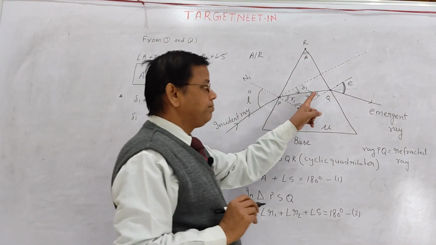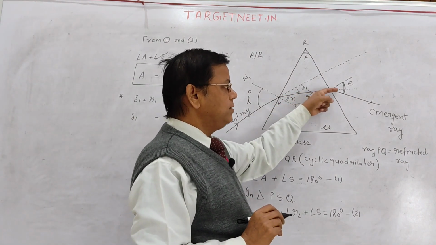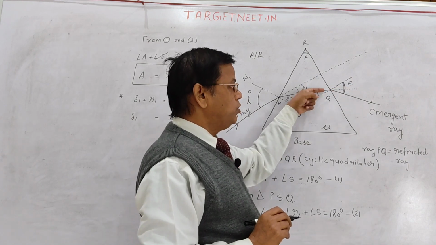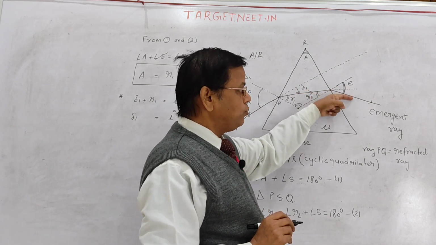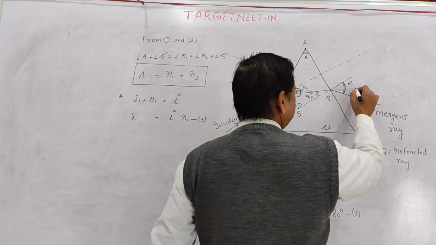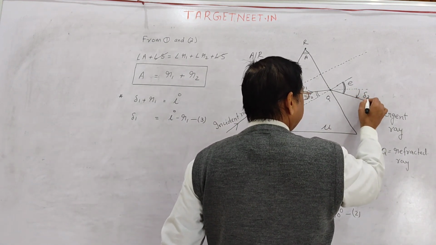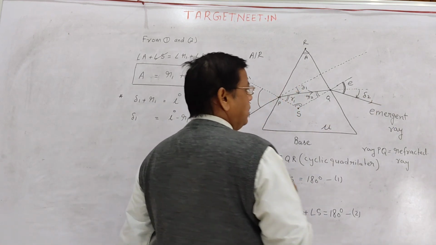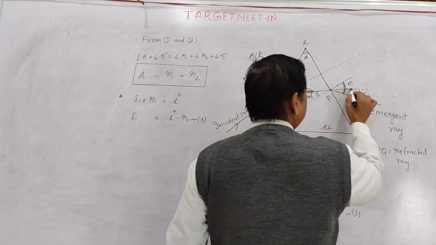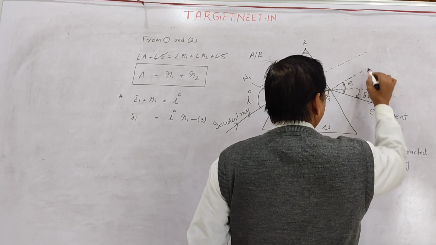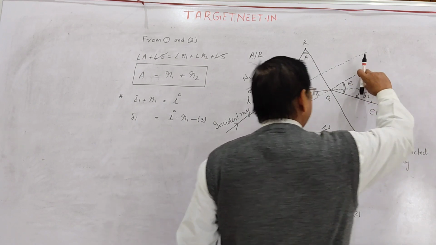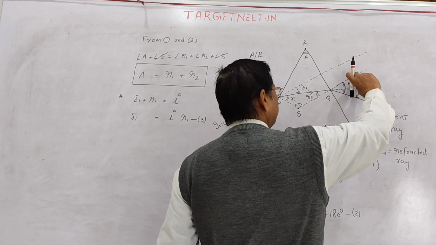Similarly here, light is going like this, so it should have gone like this, but actually it is going from here. So this angle is the deviation at the second surface. Now you know this angle is equal to this angle, vertically opposite.